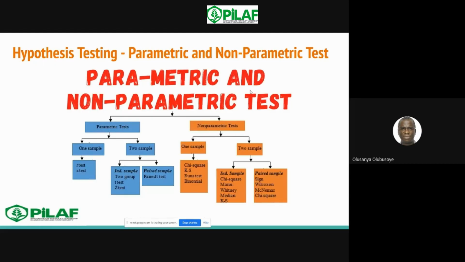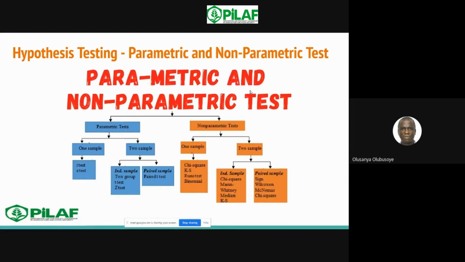Whether parametric or non-parametric, you could deal with one sample and two samples. Of course, the question is, does it mean you cannot have 3, 4, 5, 6 samples? You can. But for the discussion at hand, our focus will be on 1 or 2 samples.